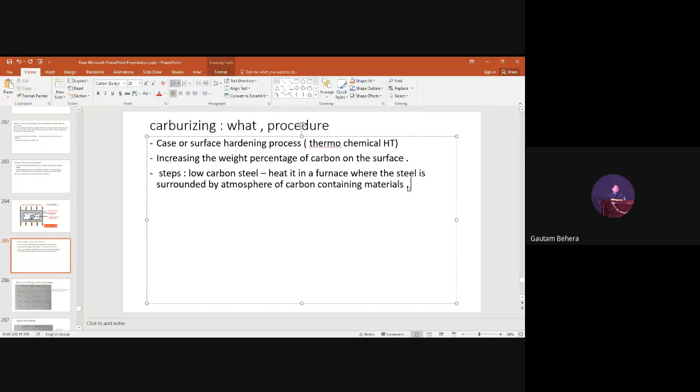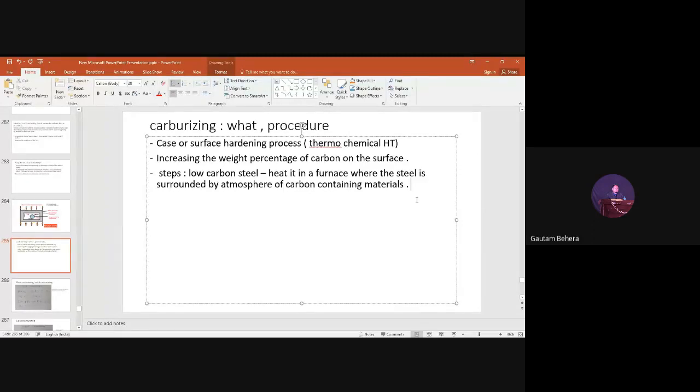The furnace's aim is only to provide temperature. That's all, nothing else. The carbon containing materials will provide carbon, but in a sealed condition. Suppose you take a stainless steel tiffin box, and a small piece of steel which you require to carburize.